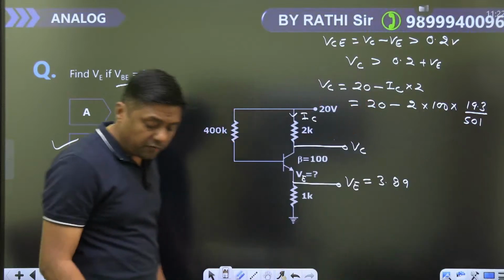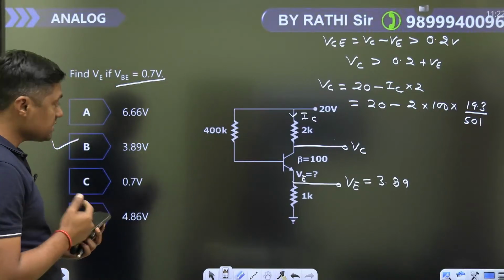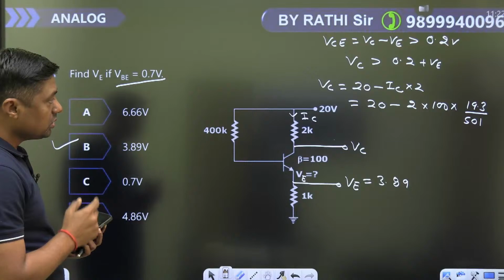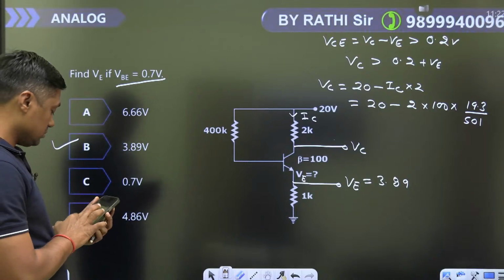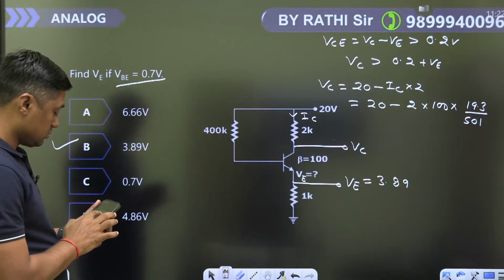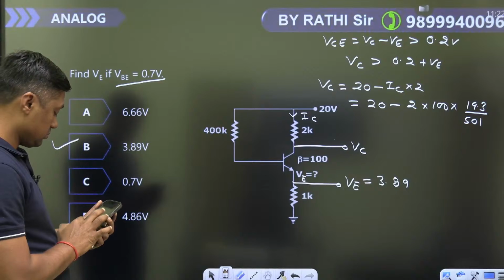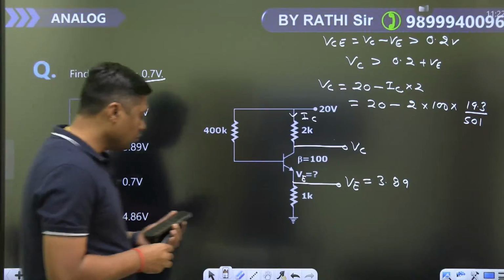You have to verify this in the exam, please, otherwise you will get the wrong answer. Verify whether it is in the active region, yes or no. Now, VC is 12.29 volt.